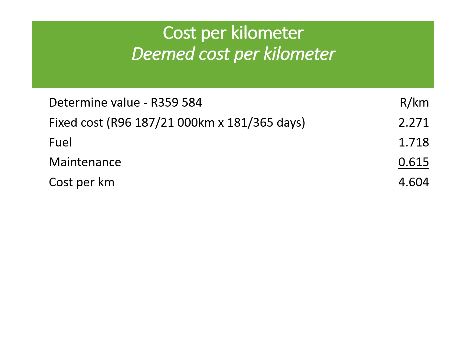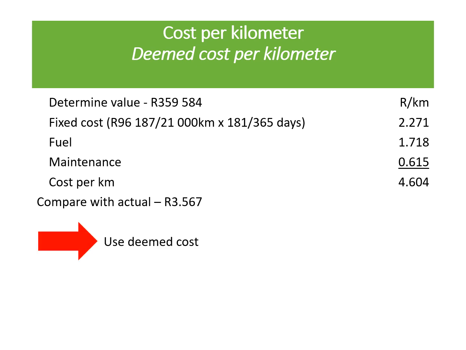Then you add those all up, and you get a total of 4.604 Rand per kilometer for the deemed cost, and that compared to the actual cost, which was calculated as 3.567 Rand per kilometer, is more than the actual cost. So we will use the deemed cost, as that will be more beneficial.